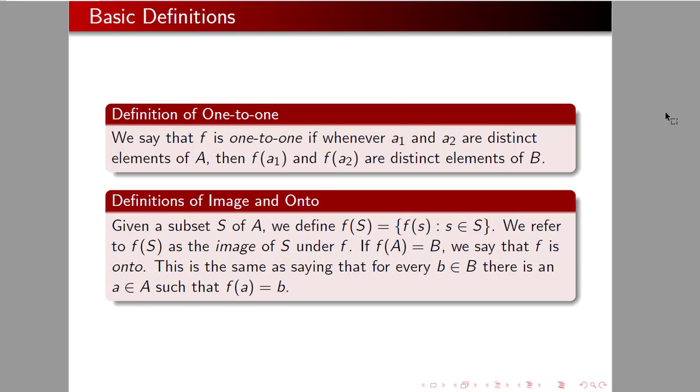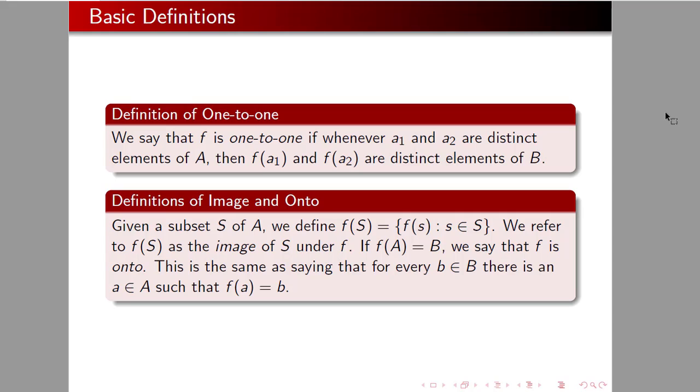Okay. Now, suppose we have a set S that's a subset of A. Given the function above, we can define f of S to be the set of all elements f of little s, such that little s is an element of capital S. We will refer to f of capital S as the image of capital S under the map f.